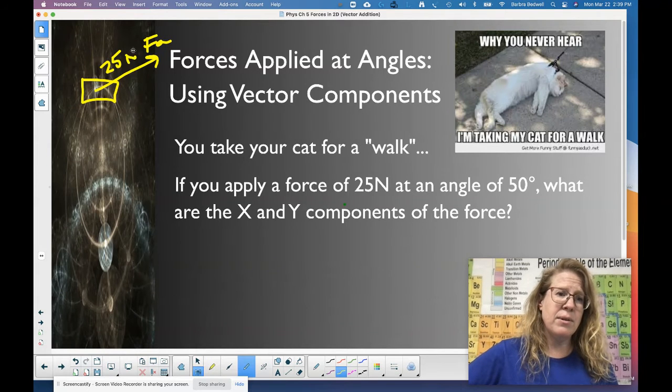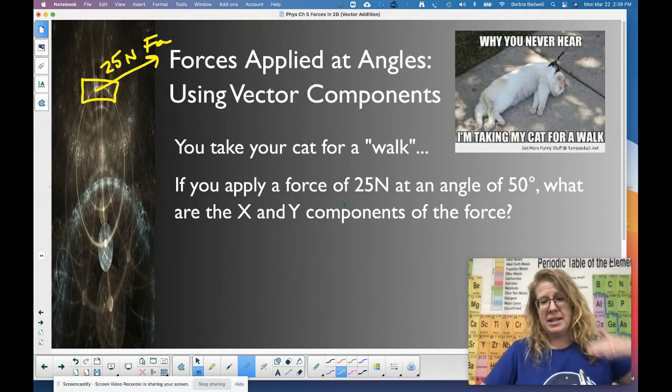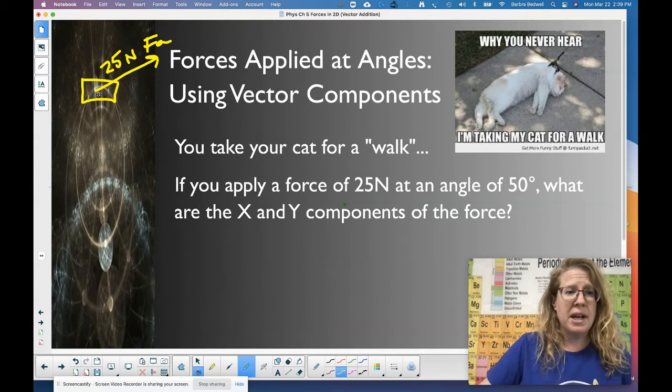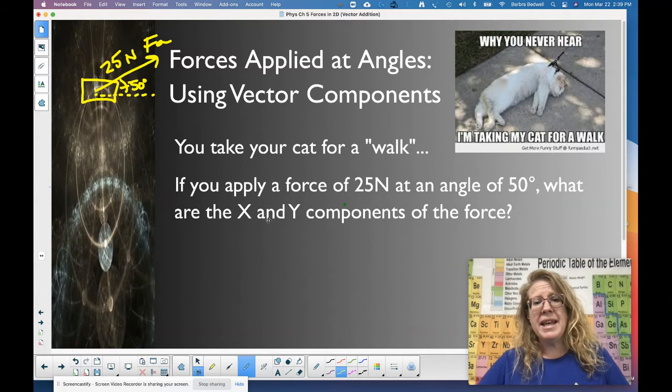We also know that it's at an angle of 50 degrees above horizontal. So that means that this angle in here is 50 degrees. The question is asking you, what are the x and y components of that force?